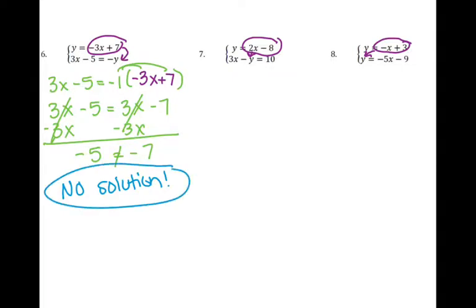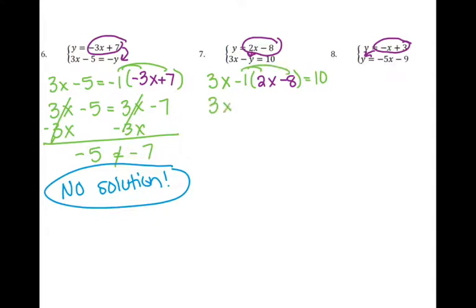All right, number 7. Going to rewrite my second equation. Since I do have that minus, I'm going to write it as minus 1, and I'm going to substitute my y with that 2x minus 8 equals 10. And distribute.